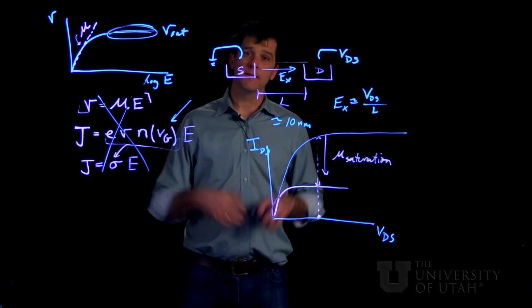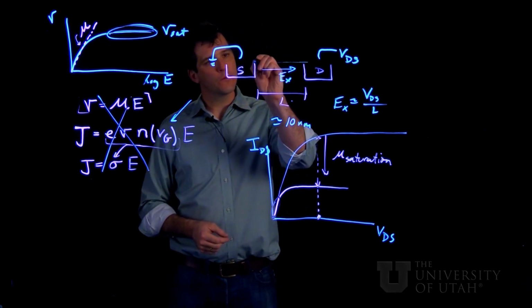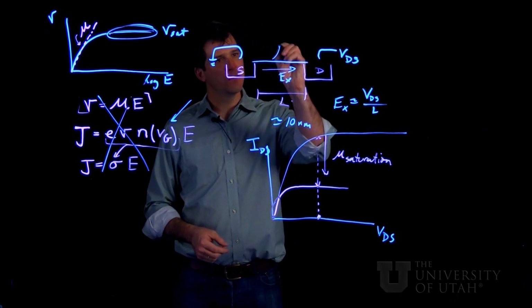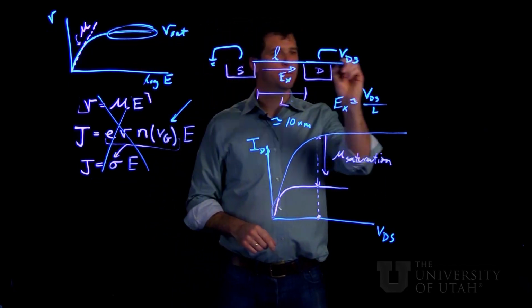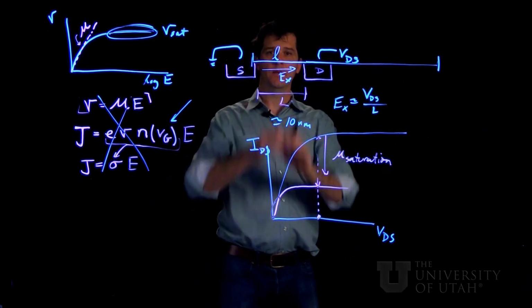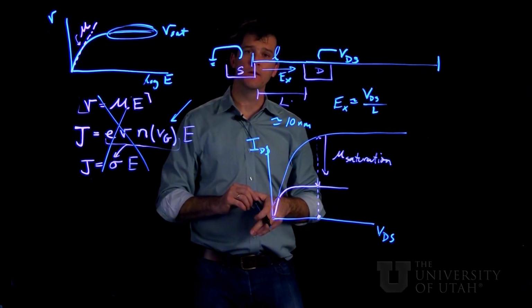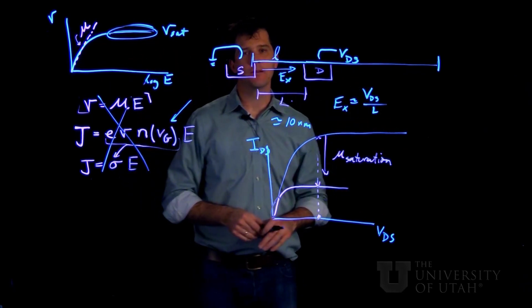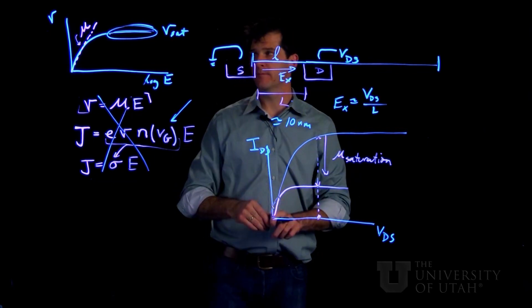So also, in today's MOSFETs, this length is becoming so small that the mean free path for the carriers might actually be much, much bigger than the channel length. And then in this case, we'll actually get ballistic transport, where no scattering whatsoever occurs on the way between the source and the drain.